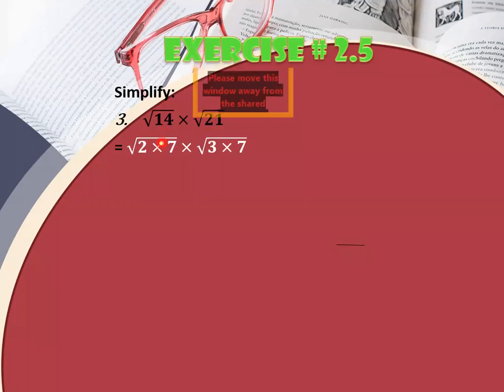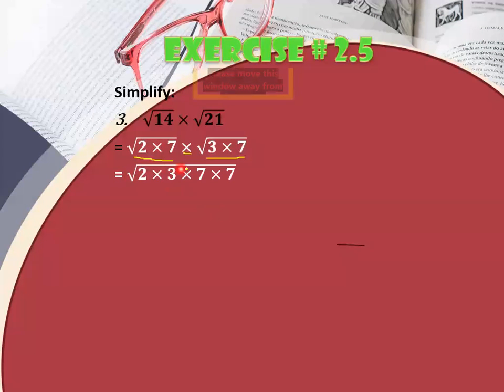Simply, the factors of 14 will be 2 multiplied by 7, multiplied by the factors of 21, which will be 3 multiplied by 7. These are two different roots and they are multiplying with each other, so you will take a common root here and multiply all the numbers together.